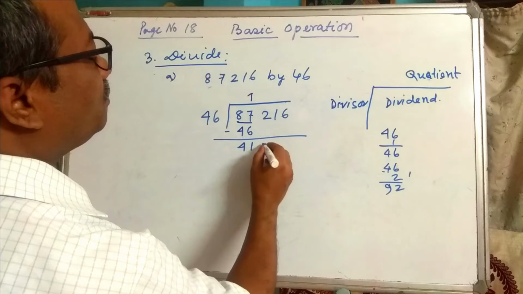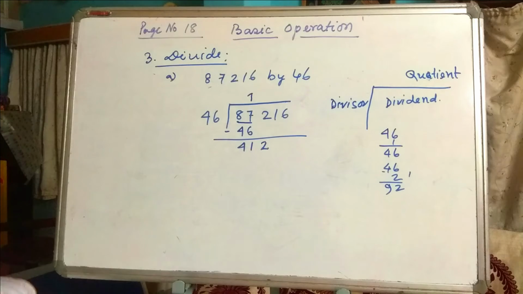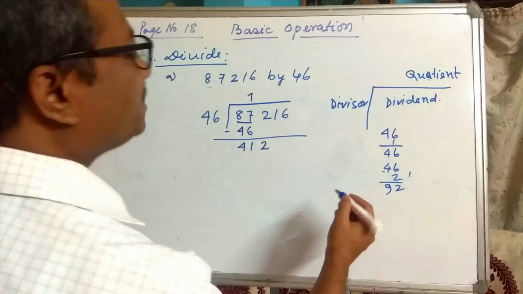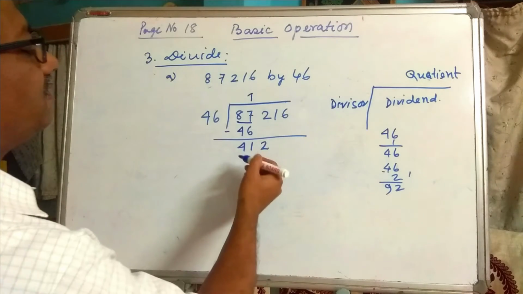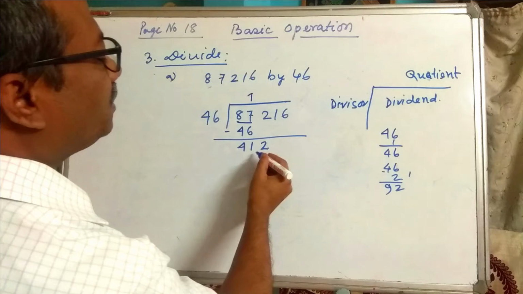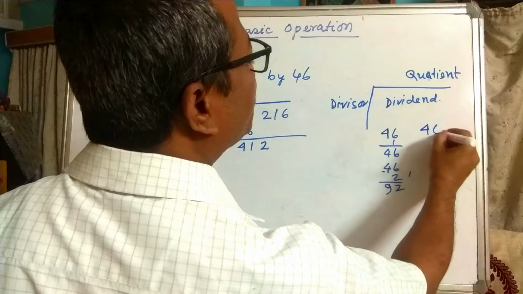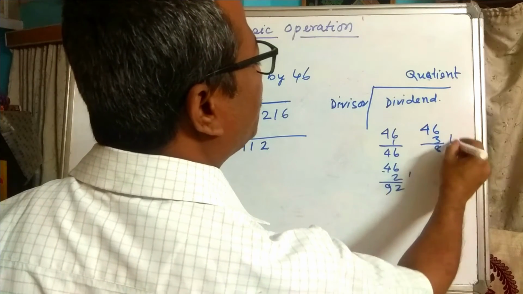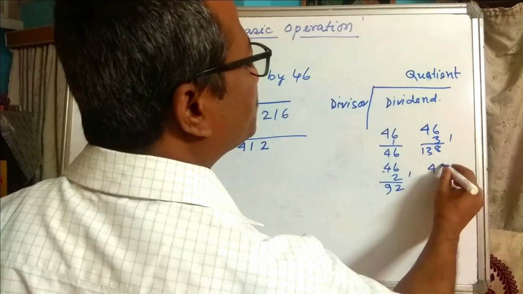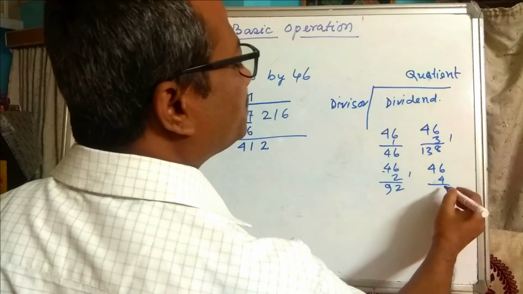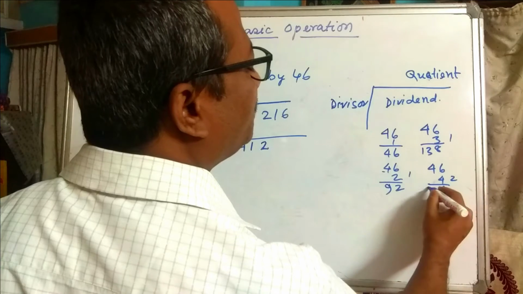We will take down 2 to the extreme right of 41, and we will check again what the quotient will be, equal to 412 or smaller than 412. 46 3s are 6 3s are 18, 1 left, 4 3s are 12 and 1 is 13. 46 into 4, 4 6s are 24, 2 left, 4 4s are 16, 17, 18.